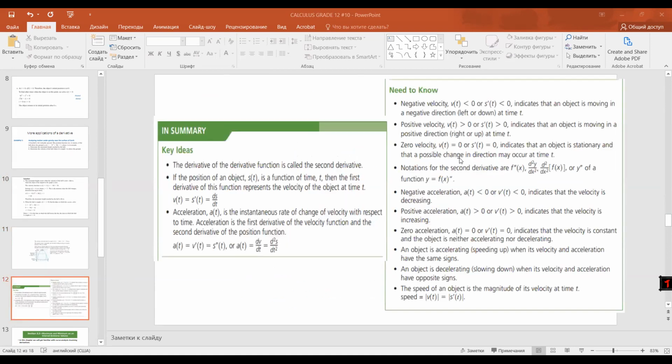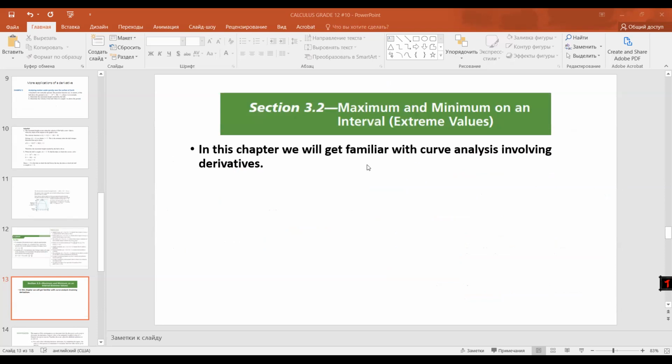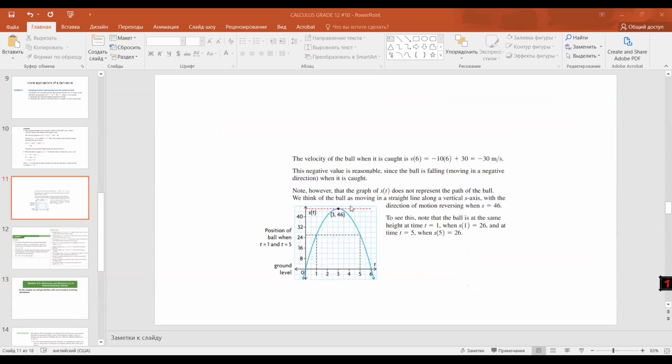Here's the summary, pretty much everything that we covered in unit 3.1. You're gonna review it in the lecture notes in Google Drive. Now we're gonna touch on maximum and minimum on an interval, extreme values. This point would be the extreme value of the function of displacement.